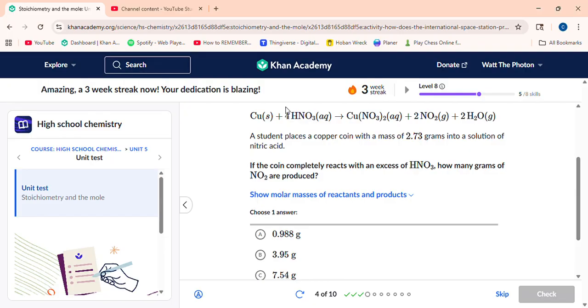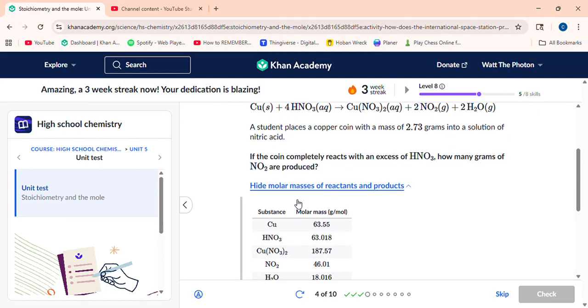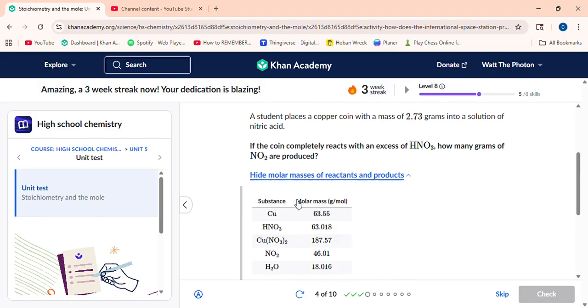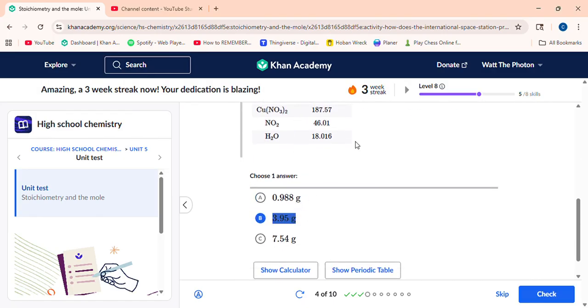And so this is a 1. I think we can say 3.95.